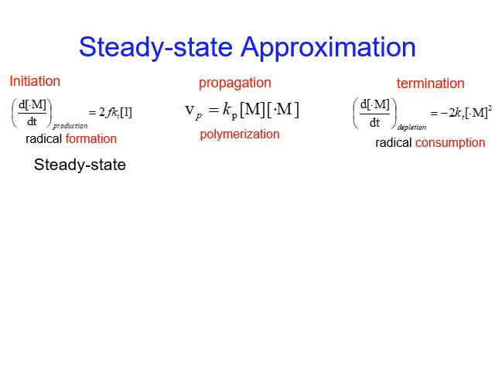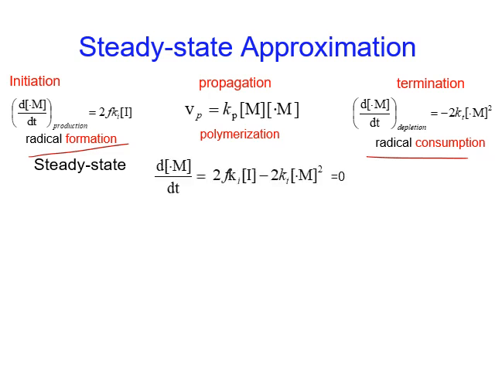Under steady state approximation, the concentration of radical should be constant. In other words, the radical formation from the initiation step should equal the radical consumption in the termination step. So whenever you form a new radical, an old radical combines to form a final polymer. Combining these 2, the radical formation and consumption rate equals 0, and that gives you the radical concentration under steady state approximation.